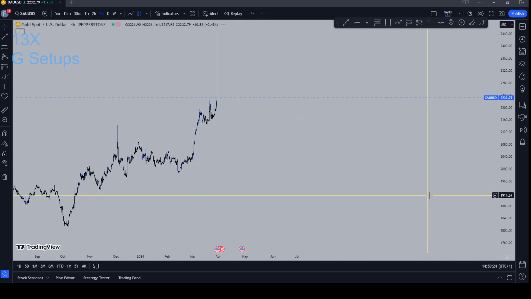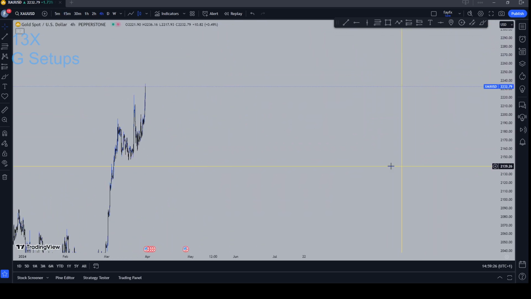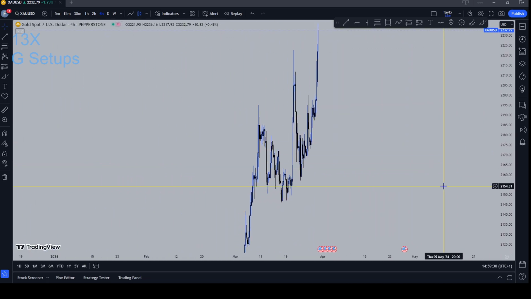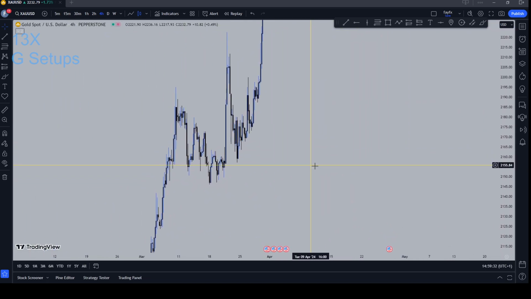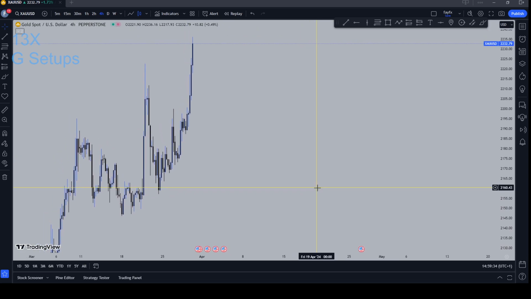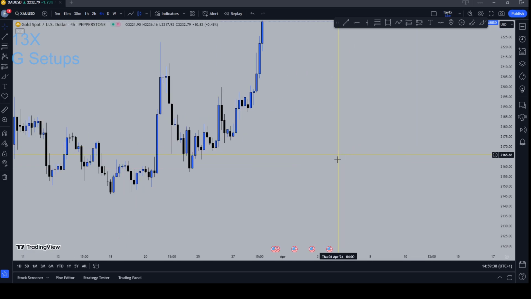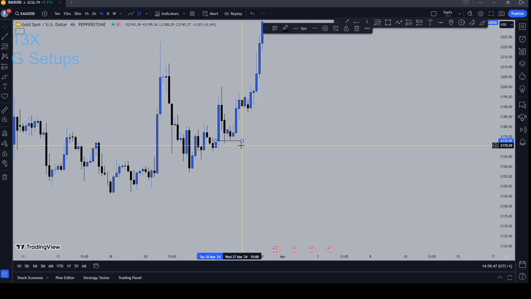Let's go to our examples. This is an entry that I took these days that I find very special. It made me good money. Look here. We have a bullish gap on H4.